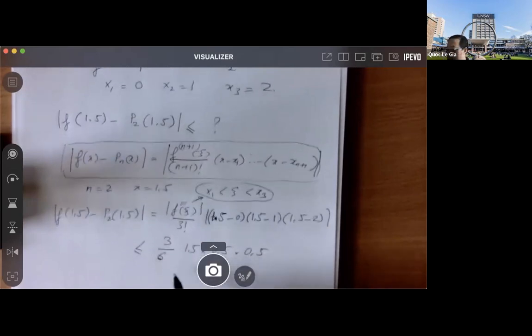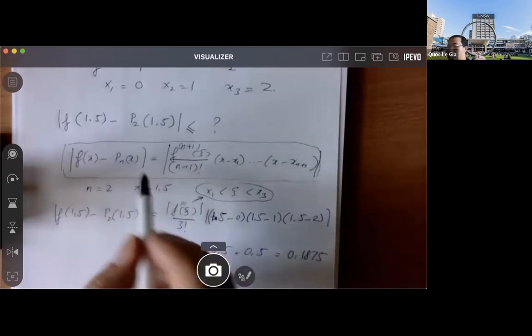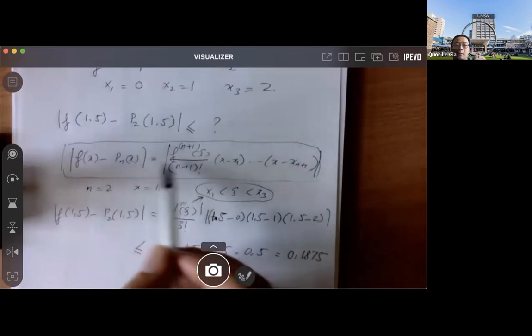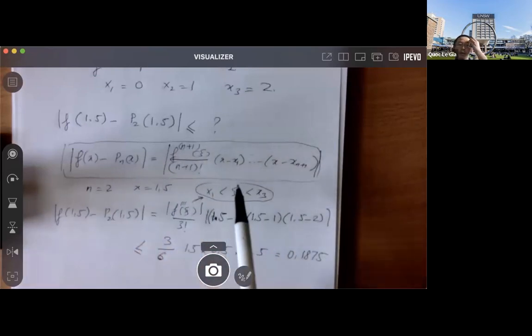And then this one gives you a number. So this one, the number will be 0.1875. Okay. So that is just the application of this error formula for the interpolation.